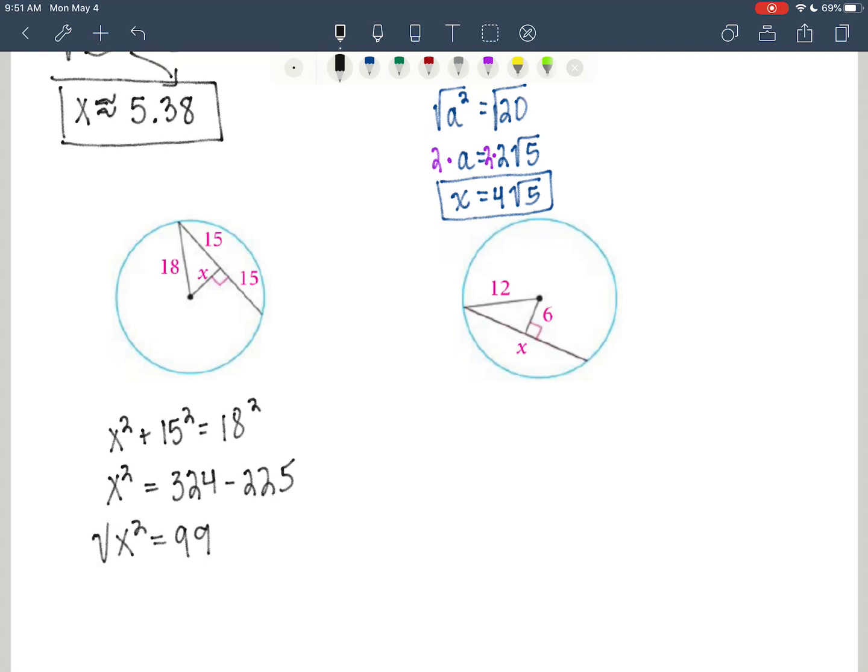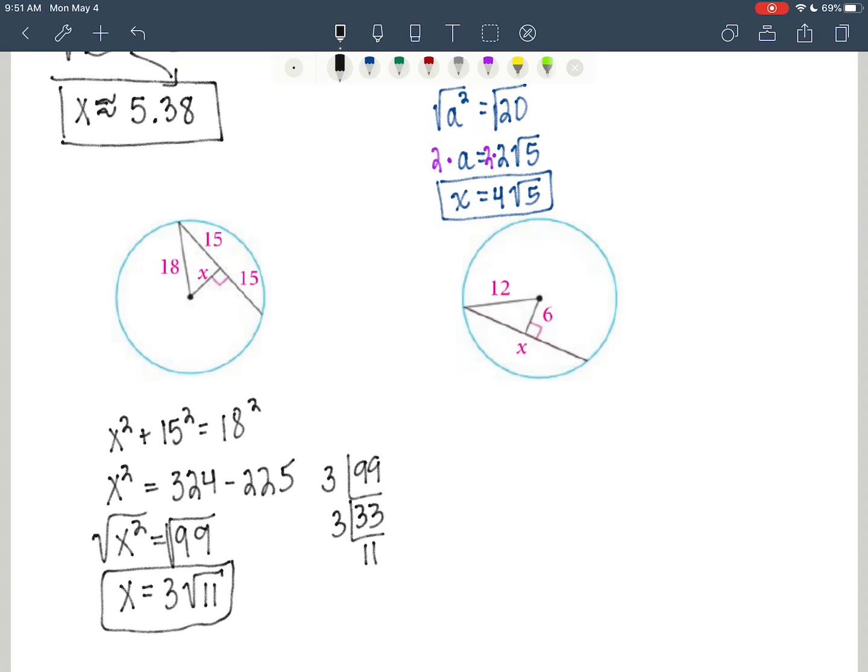I'm going to square root both sides, and then I'm going to break down 99. So x is equal to 99 broken down. 3 goes into 99 33 times. 3 goes into 33 11 times, and I get 3 times the square root of 11. And that's the value of x.